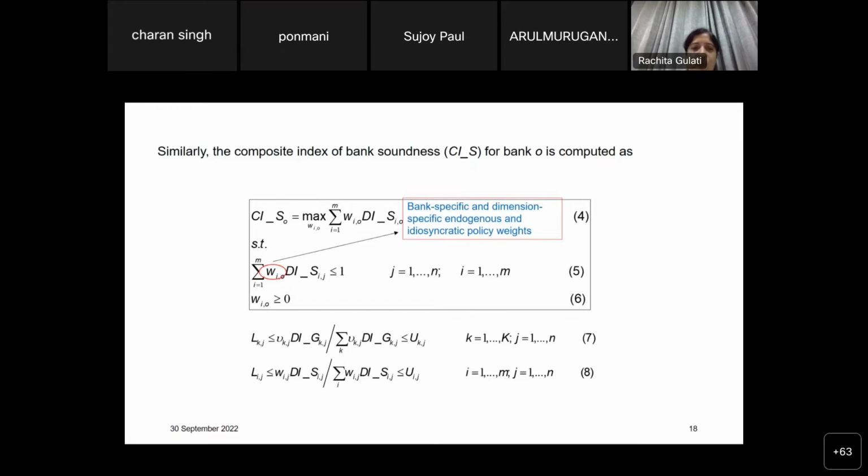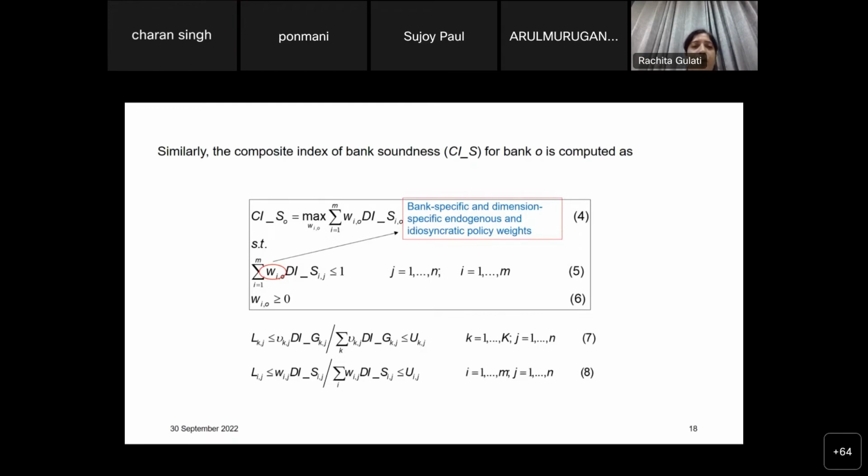The purpose of introducing these additional weight constraints is to avoid any overemphasis, underemphasis or ignorance of any policy priority by the bank. Since we assume that all the dimensions are important for the bank, these restrictions have been imposed so that one or a few dimensions do not get overemphasized or ignored.